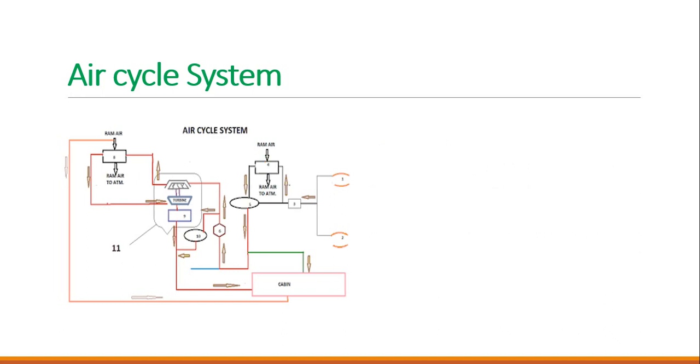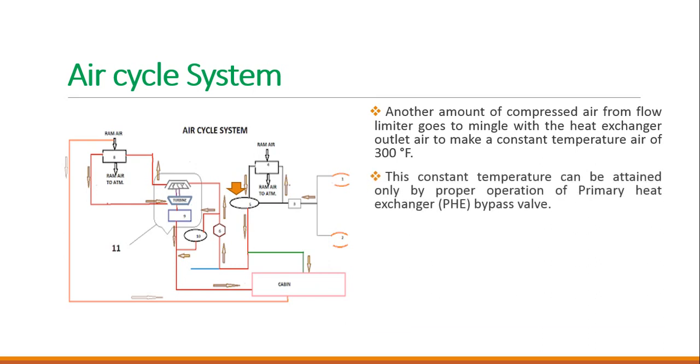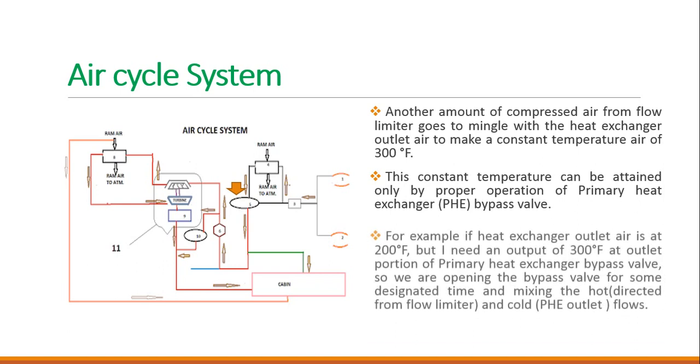That is the work of this heat exchanger. As I told, a partial amount is taken to the heat exchanger. The other amount of compressed air from the flow limiter goes to mingle with the heat exchanger outlet air to make a constant temperature of 300 degrees Fahrenheit.